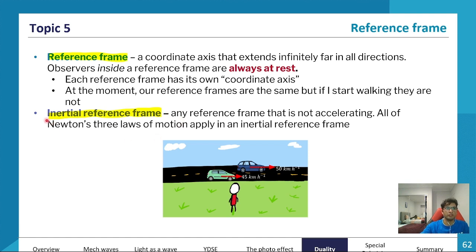An inertial reference frame is just a reference frame that is not accelerating, and all three laws of motion will apply. The basic idea is that if you are blindfolded in some dark room in a train that is traveling at 100 kilometers an hour, you cannot tell the difference, because again, you have no reference frame.